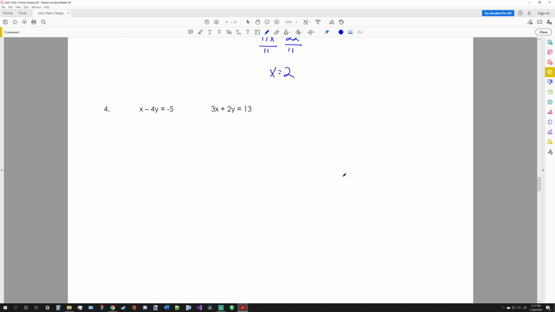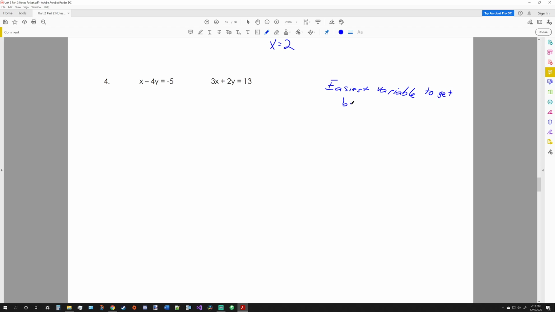And the easiest variable to isolate or to get by itself is the one with no coefficient. Right? No other coefficient than a 1.